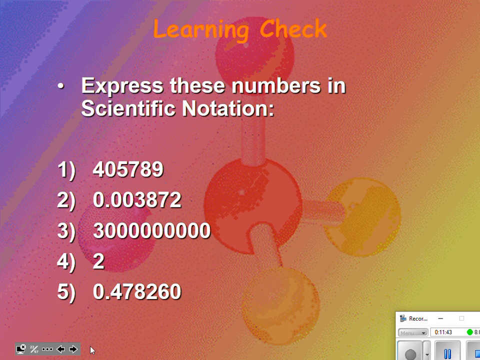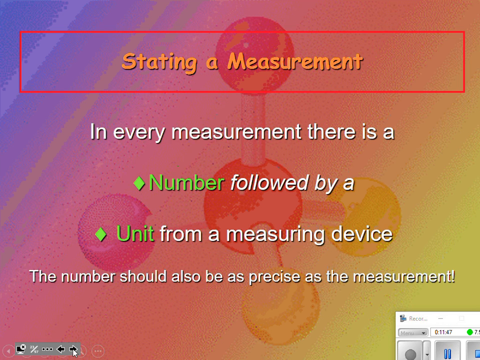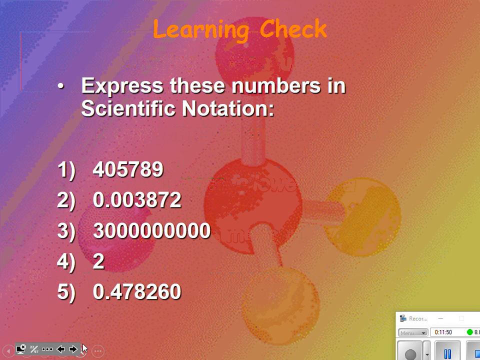All right. Now, I can't remember. I didn't put it, so I couldn't remember if I had on this slide the answers or not. So what we're going to do is just go through and check those. For the first one, 4.05789, and I moved the decimal 1, 2, 3, 4, 5 times 10 to the 5th.